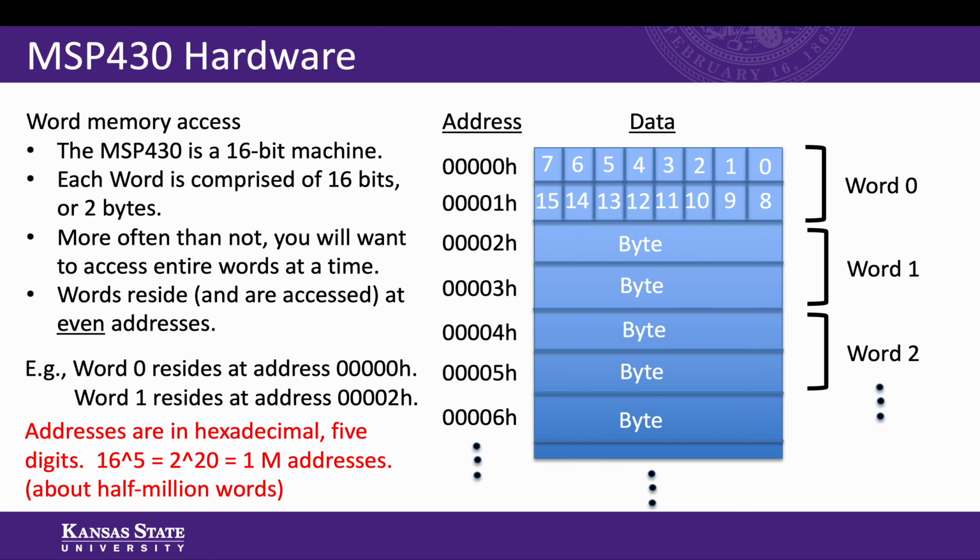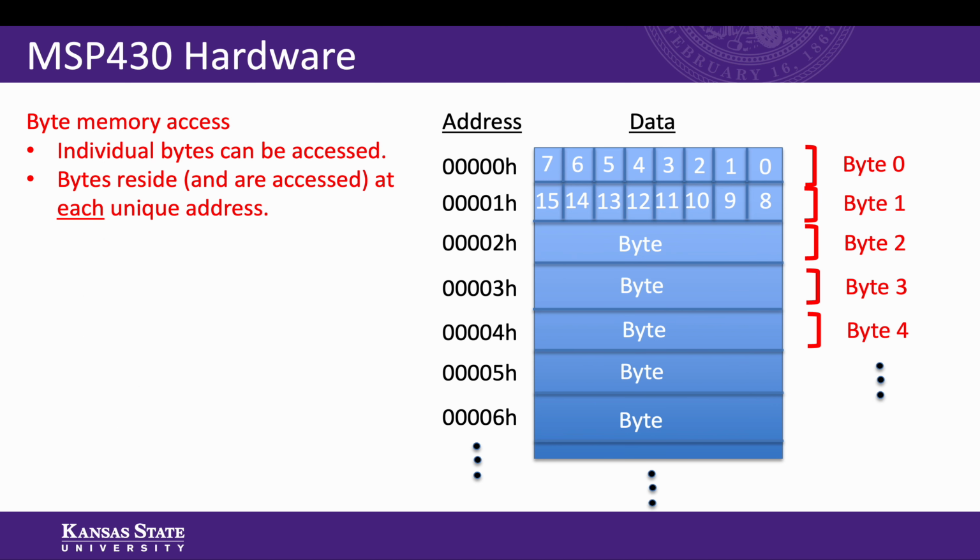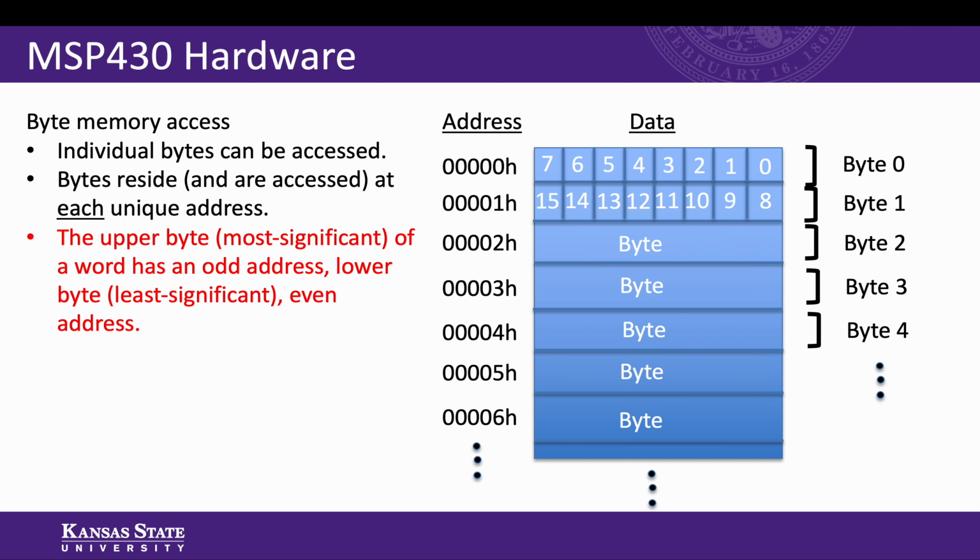Okay, so let's move on. Another way to consider the data is by bytes instead of words. In this way, each byte resides at each address. So for example, byte 0 is located at address 0, and byte 1 is located at address 1, and so on. But we now know that the bytes are not independent, as 2 bytes comprise 1 word.